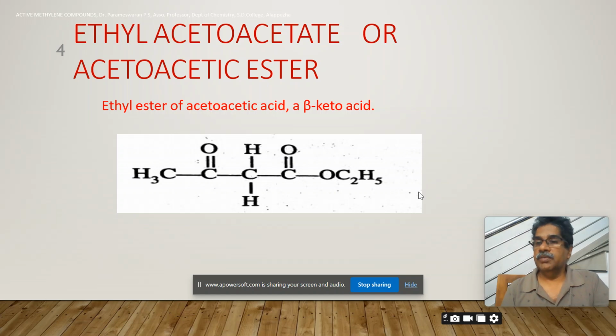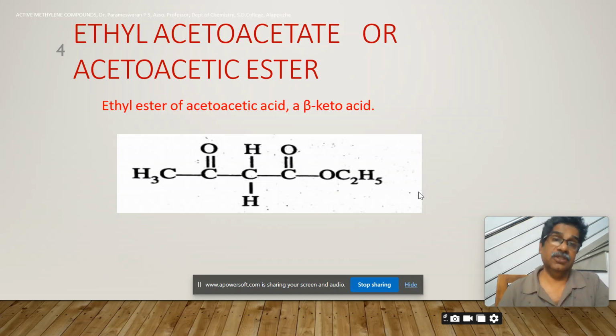And acetoacetic ester can be treated as the ethyl ester of acetoacetic acid. Acetoacetic acid is CH3COCH2COOH. Aceto means CH3CO. So CH3CO, CH2COOH is known as a beta keto acid or acetoacetic acid.